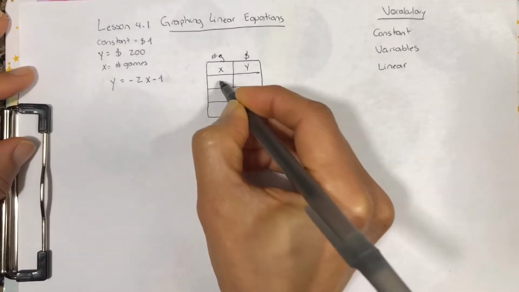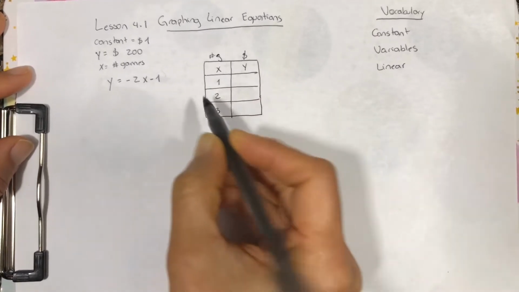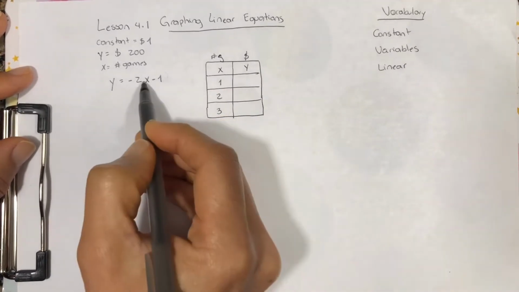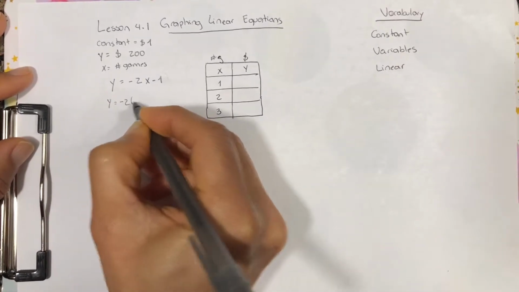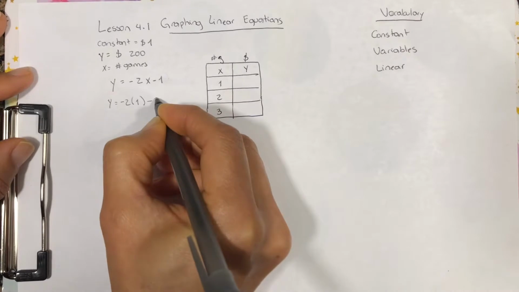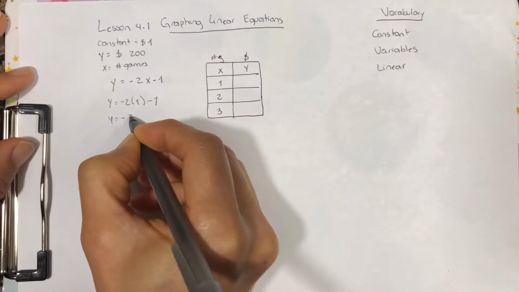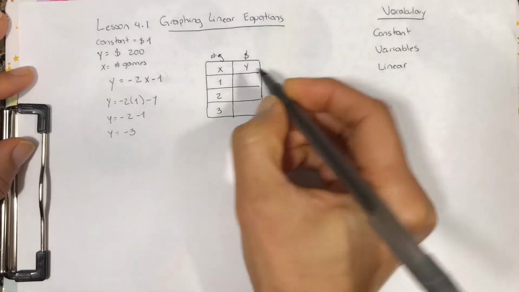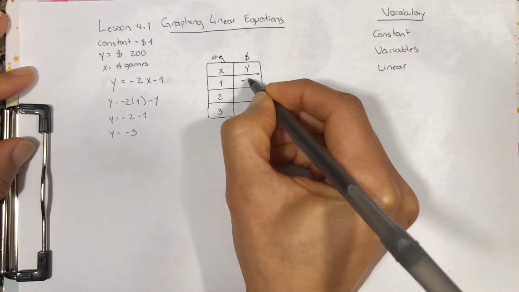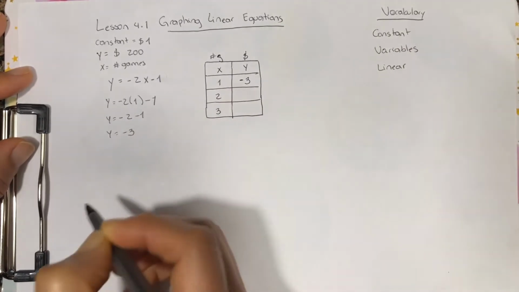So if I play one game, if I play 2 games, if I play 3 games, what will happen? Well, when x is 1, I just have to substitute here. Y will be minus 2 times 1 minus 1. And then I do this. It will be minus 2 minus 1. Y equals minus 3. If I play one game, I will spend $3 at the zoo.